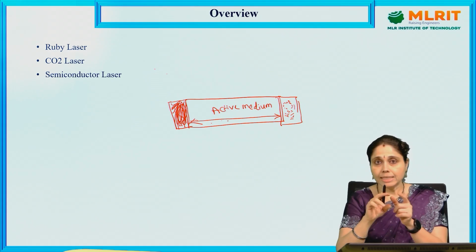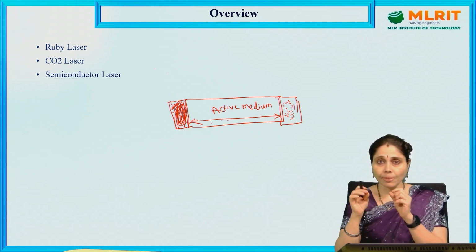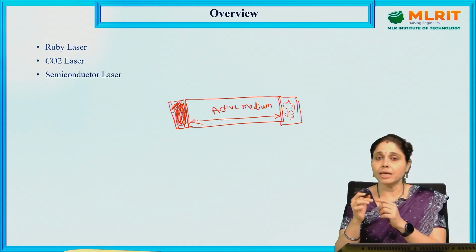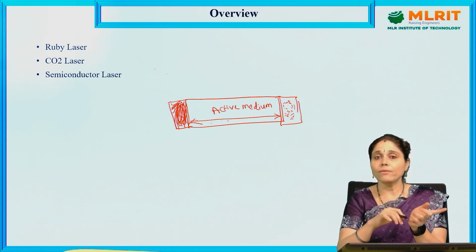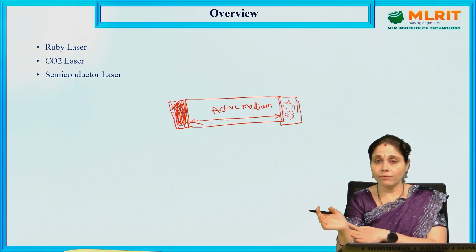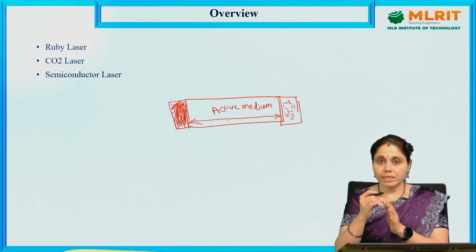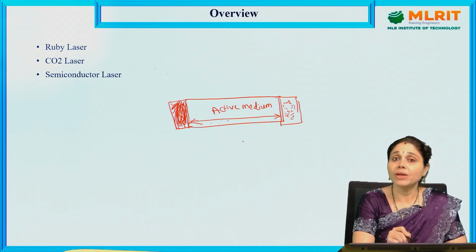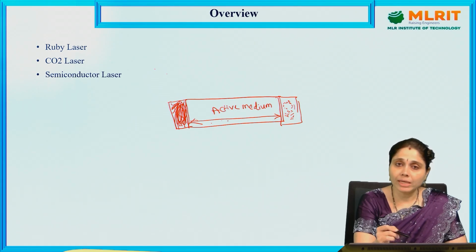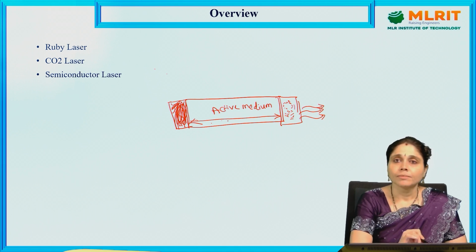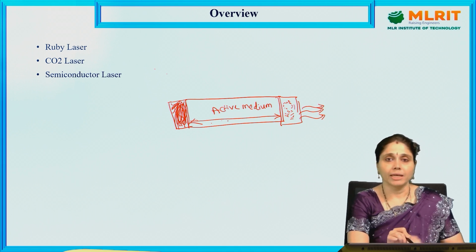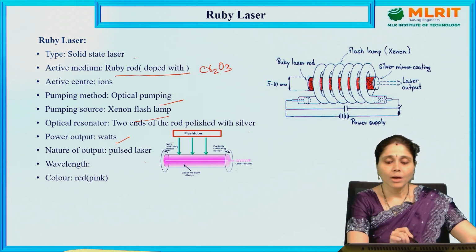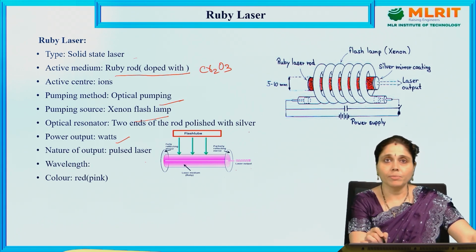So, the de-excited photons and de-excited light energy will be moving from partially reflected mirror to the fully reflected mirror rigorously to achieve the amplification. The amplification is achieved in that sense, and when the required amount of amplification is received, then the laser light will be produced out. Okay, this is the principle behind that one. Now, here also the same thing happens.